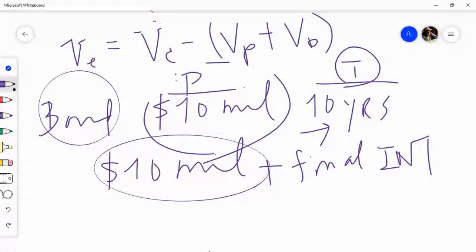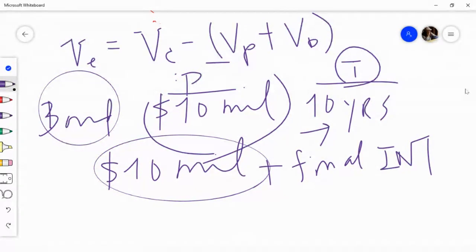They simply refinance it, refund it. In other words, before year 10, they sell a new batch of bonds for 10 million, right?